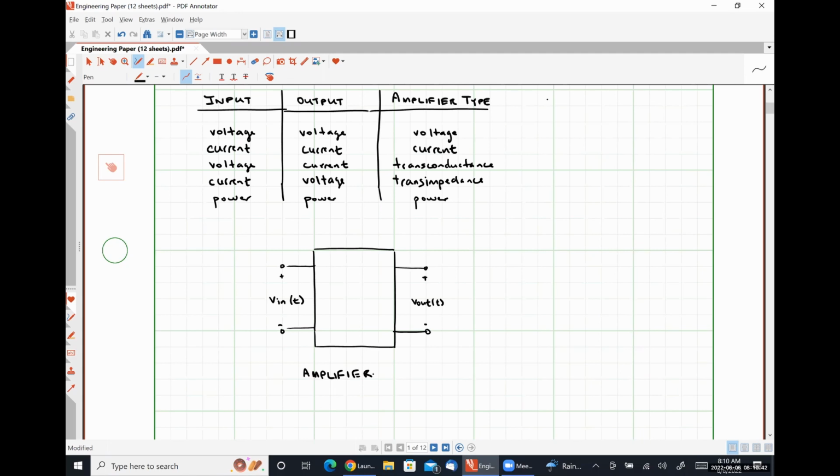On the left-hand side, we're going to have some sort of source, and I'm going to realize this as a practical voltage source. So it will have some series resistance RS that's characteristic of the source. And our signal that's being amplified will be Vs of t. So this is our source side of our system.